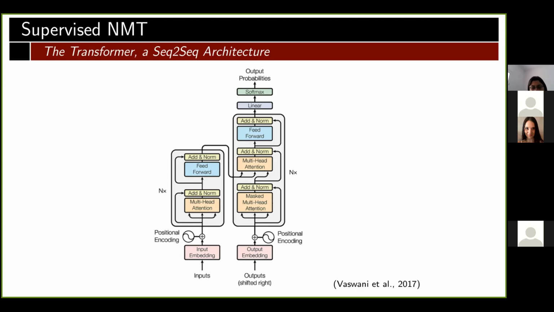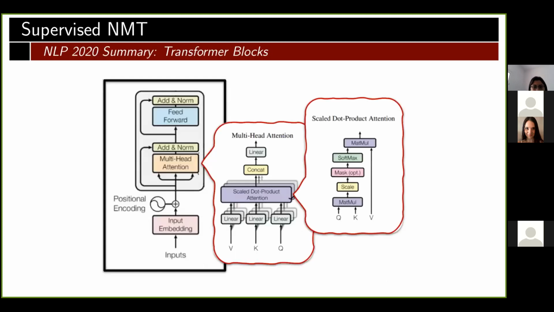Let me zoom in on one of these blocks, because I see these transformer blocks as the summary of everything done in NLP last year. Everything done for NLP was based on using a transformer, a BERT or whatever, to solve a new problem. The basis of a transformer is quite simple, even if I don't think it's intuitive at all.